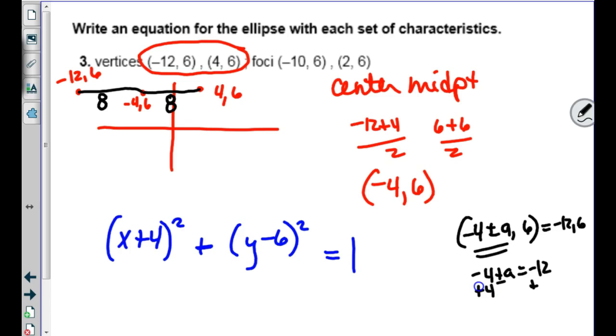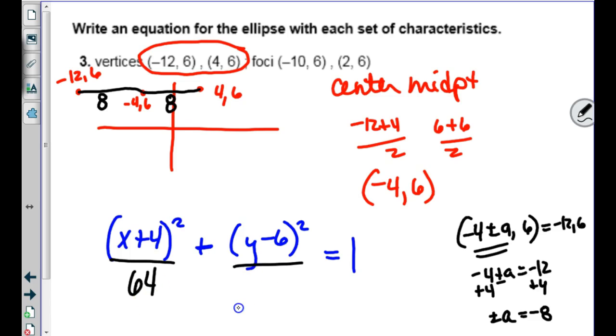If I add 4, I get a equals negative 8. So a plus or minus, so a is 8. I wouldn't do it that way, but you could. Okay, which way are we going 8? Yes, in the x direction. So under here goes 8? No. 64, good job.